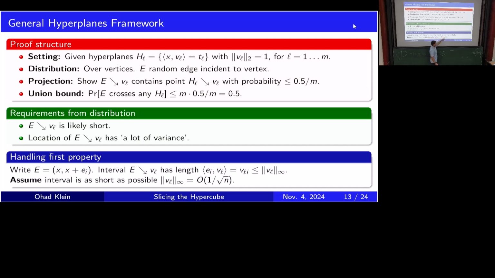This holds for generic vectors, and in this case, the projection of any edge on a normal vector is going to be on the order of 1 over the square root of n, which is the shortest possible, and it is also the generic case. So we are only left with showing the second property.